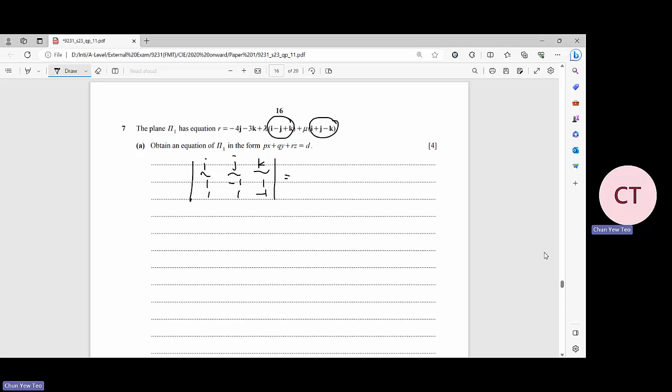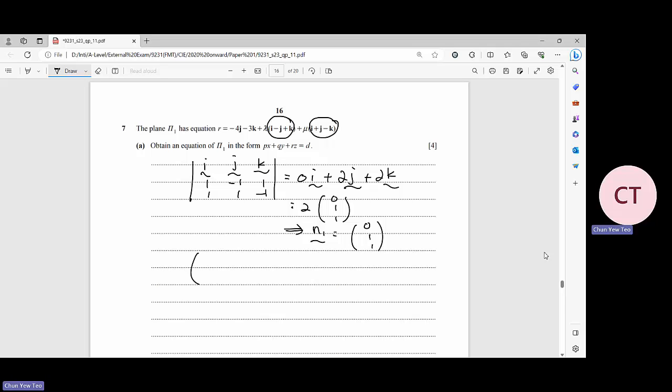We do the cross product first. Then we find that the answer will be 0i plus 2j plus 2k. You can factorize the common factor 2 out. Then we will use this as the normal vector. So the normal vector number 1 will be 0, 1, 1.